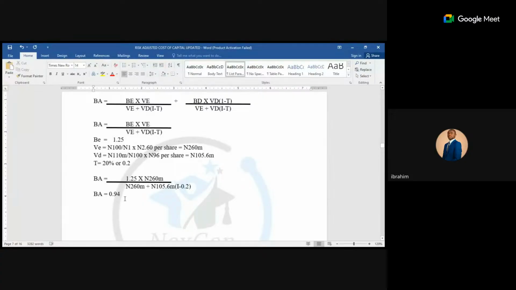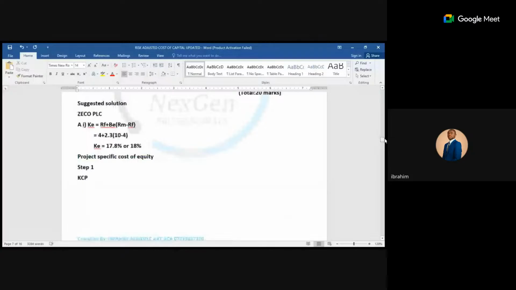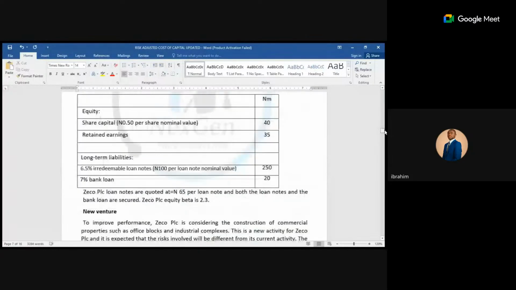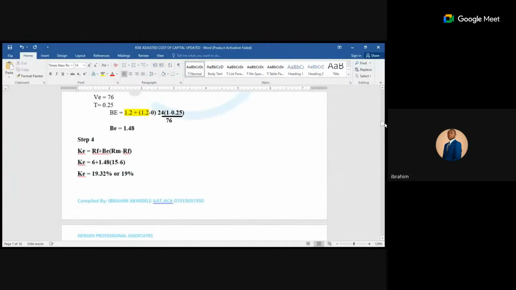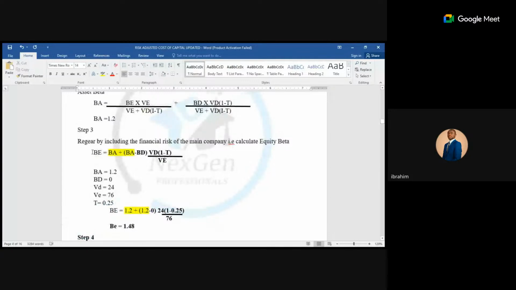Now, after the asset beta, what is our next step? Step 3, right? We have to regear by including the financial risk of the main company.